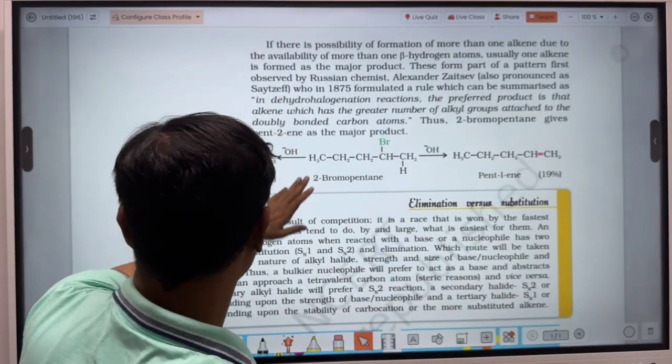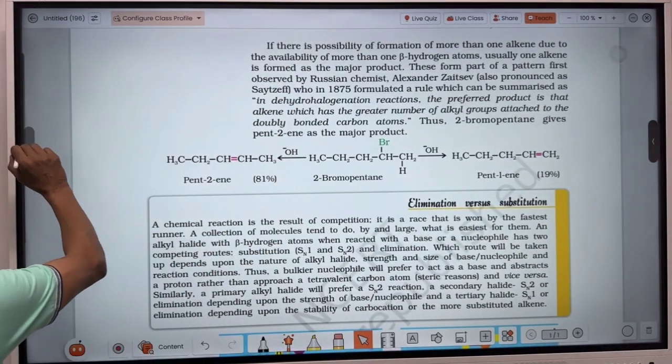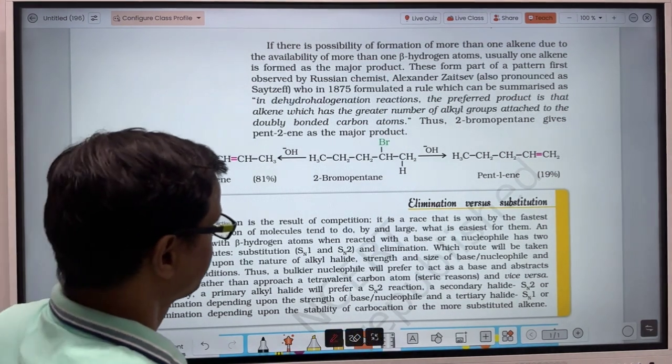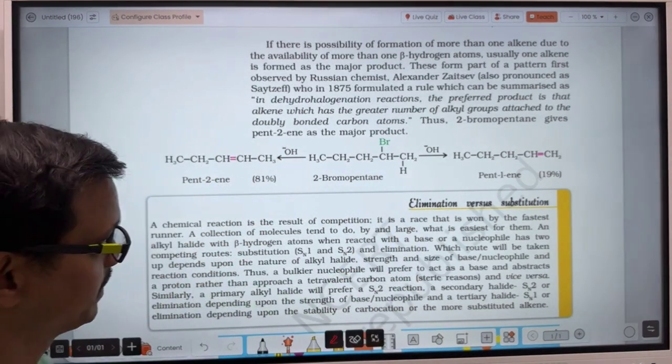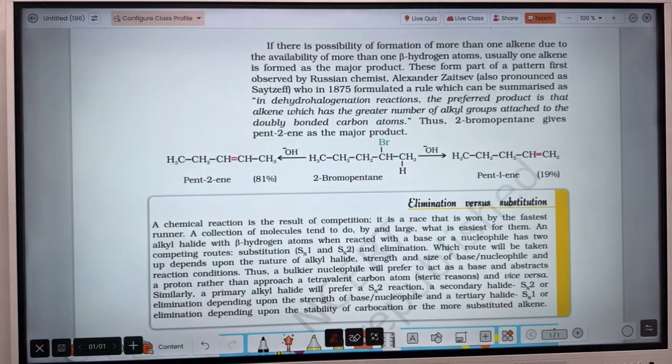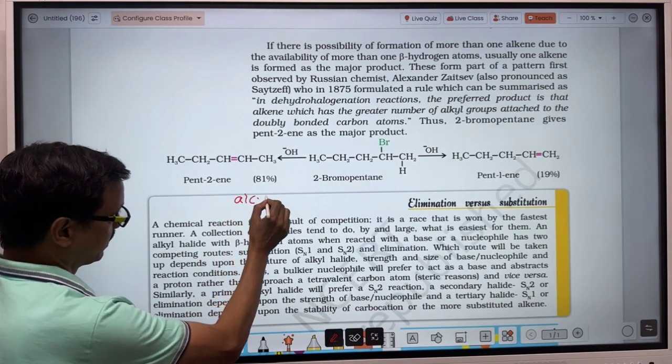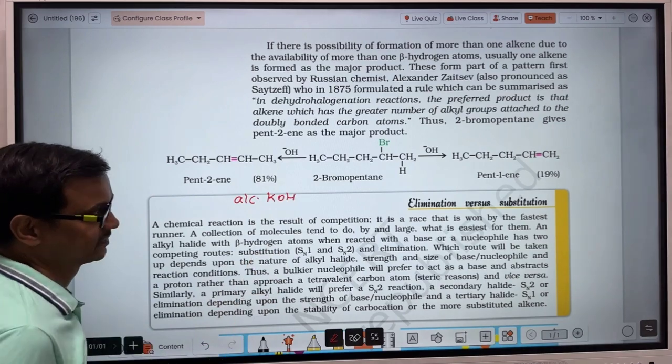As an example, let's look at this reaction. This is a haloalkane in which there will be an elimination reaction. The reaction takes place in the presence of alcoholic KOH.